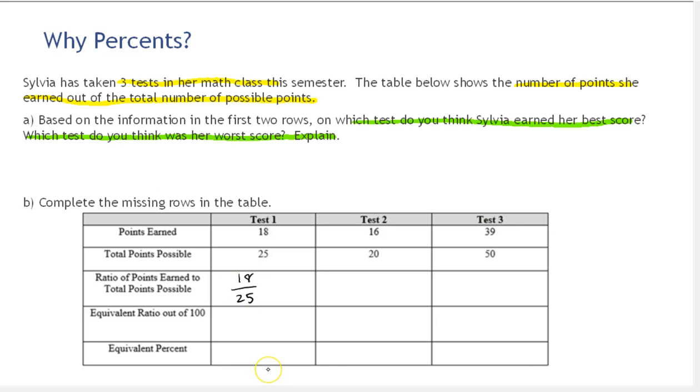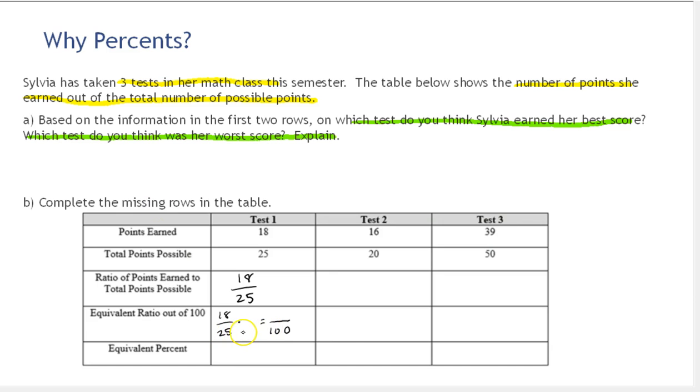Okay, let's go down in columns. Now let's write an equivalent ratio out of 100. We'll learn how to do this on the calculator for harder ones, but I want to write this out of 100. To find the multiplying factor, you can think of dividing 100 by 25, or what do I multiply 25 by to get 100?